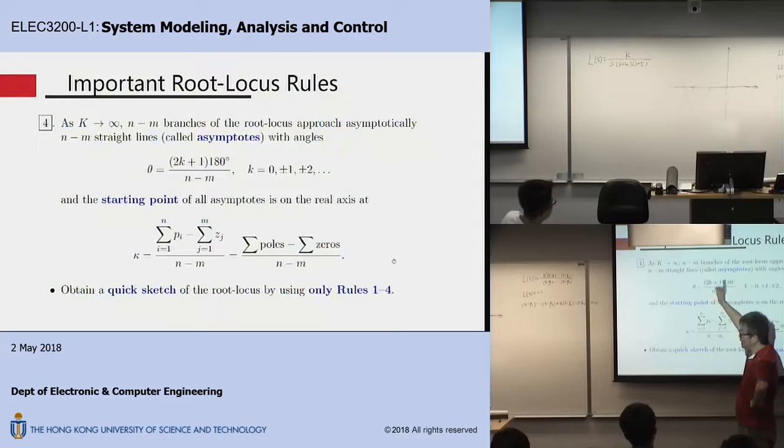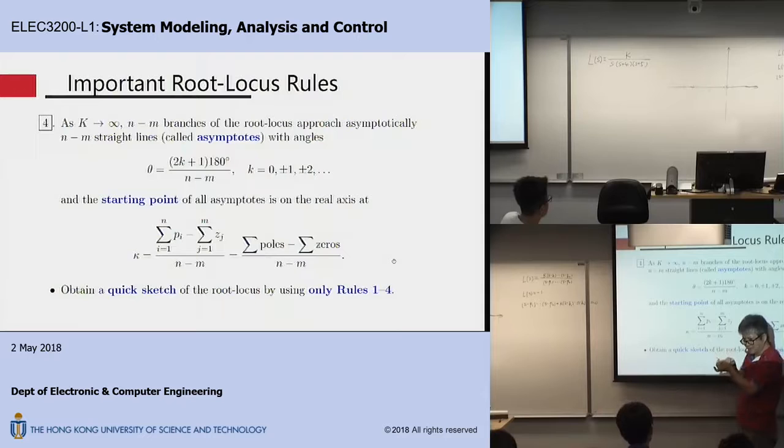Then you can put more k's there. So you get three numbers so far, 60, 180, and 300. What if you let k be 3? If you let k be 3, you compute this, you will get the same number as one of these three.